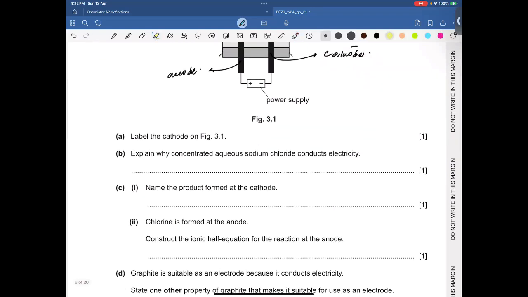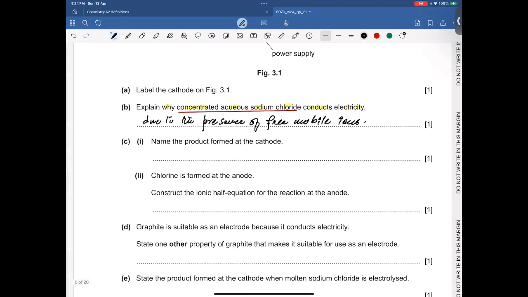Explain why concentrated aqueous sodium chloride conducts electricity. Because concentrated sodium chloride is an electrolyte, and all electrolytes conduct electricity due to the presence of free mobile ions.